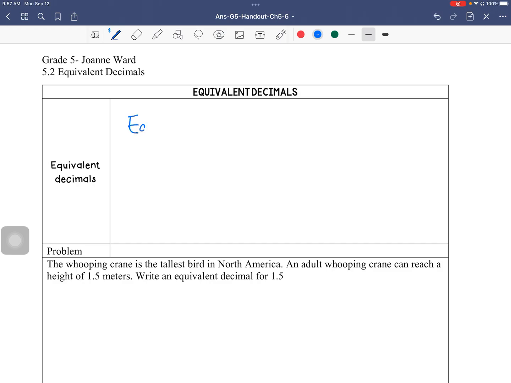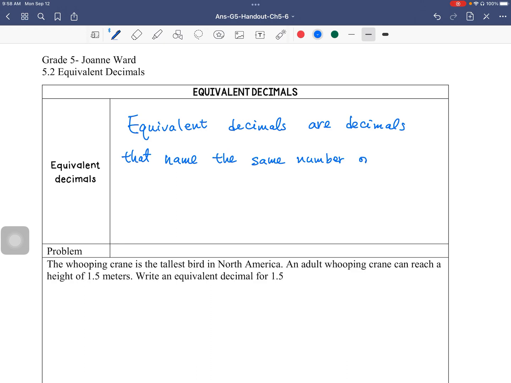So equivalent decimals are decimals that name the same number or amount, such as 1.5 is equivalent to 1.50 is equivalent to 1.500.